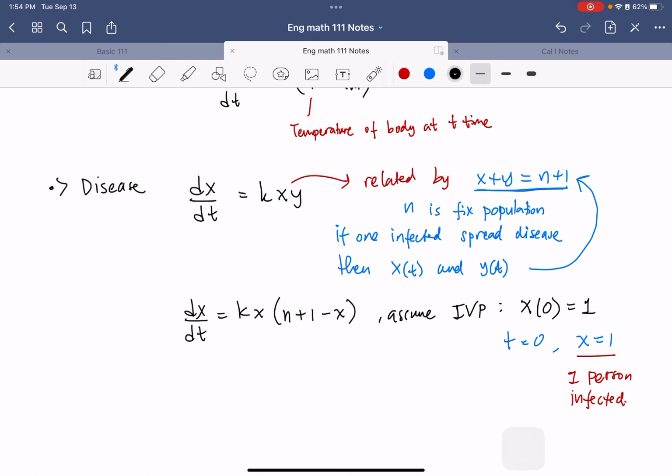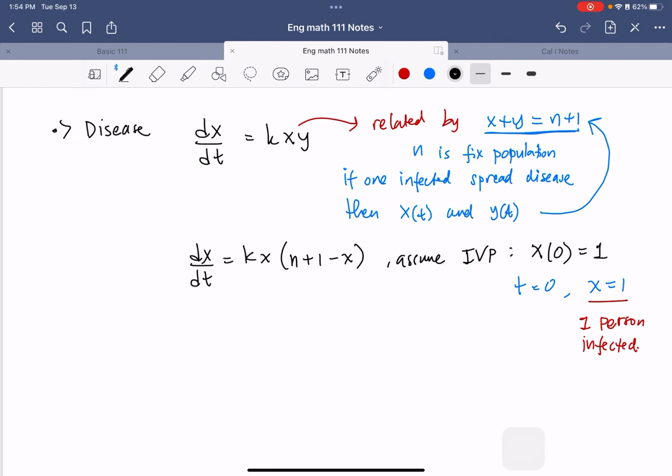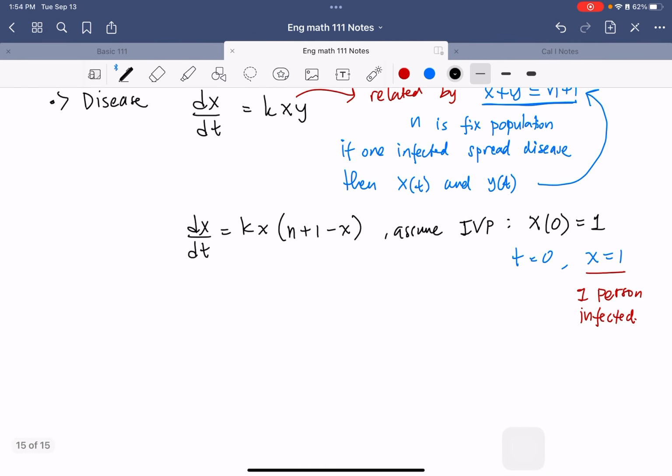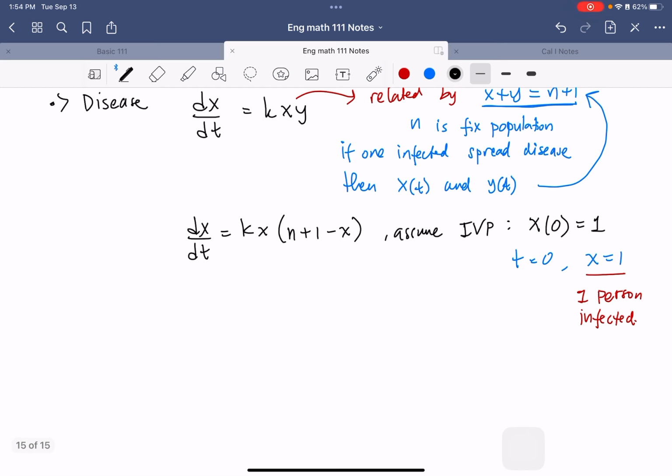Okay, this is just to show you how we can make the differential equations. Not really a method or technique in our engineering math, but just to show you some simulations.